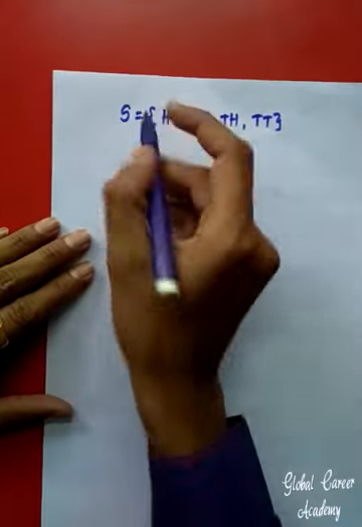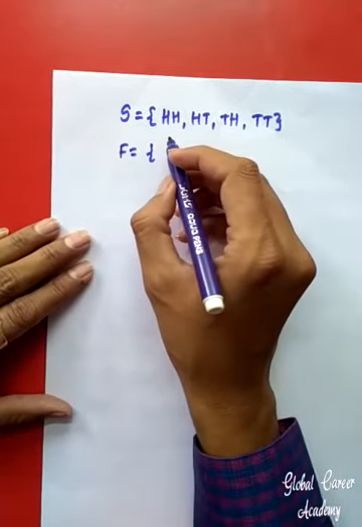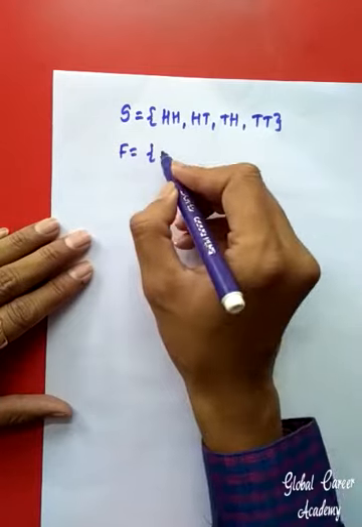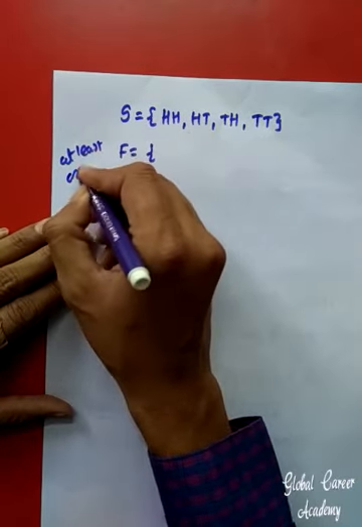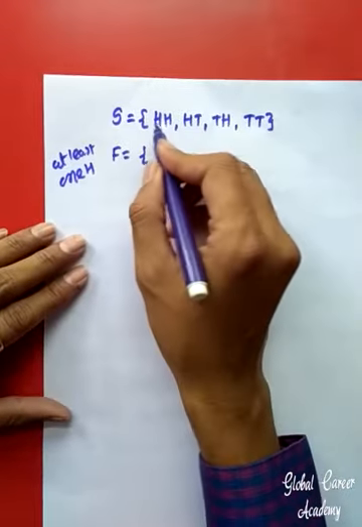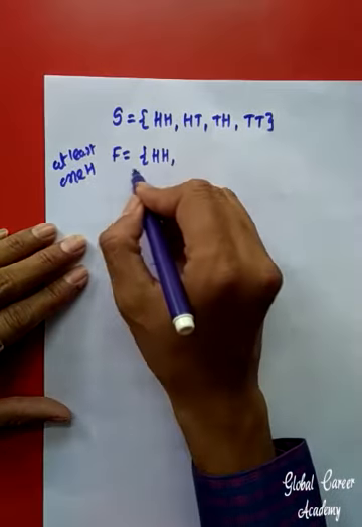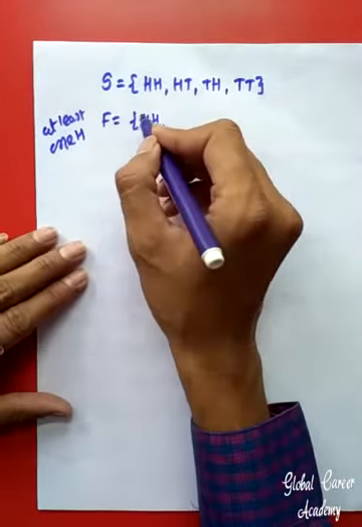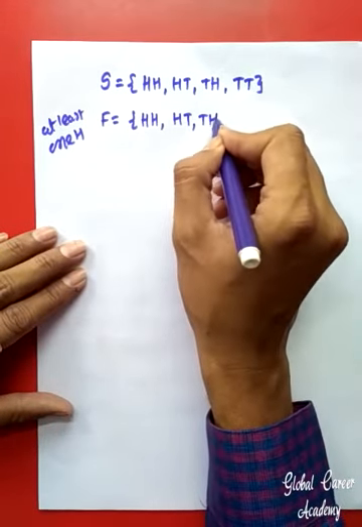Okay, and let F be the event at least one H, at least one head came. So out of this sample space I can write down the sample space for event F, and that will be HH, HT, TH, at least one head is needed, right?